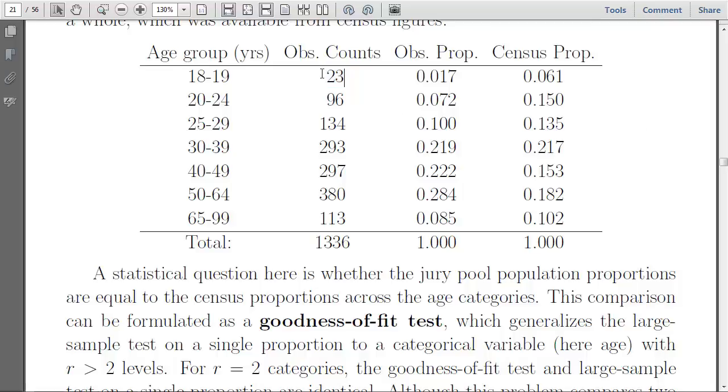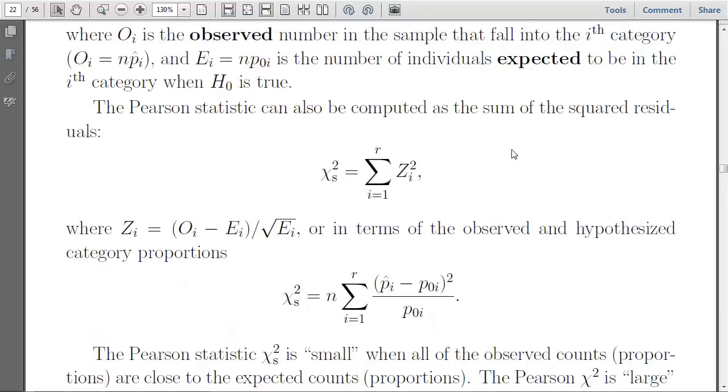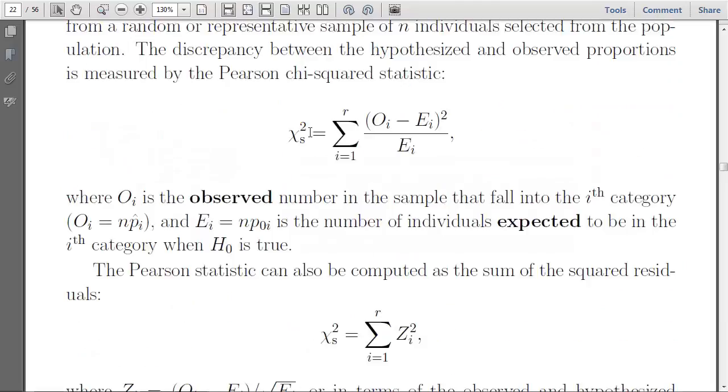So the O here is 23, and the E, the expected frequency, is the 6.1% times 1,300. So I'm going to page back down. That's our chi-square statistic, and then we compare it versus a chi-square distribution and calculate a p-value, which is the right tail probability, and that will assess whether the null hypothesis is true or not.